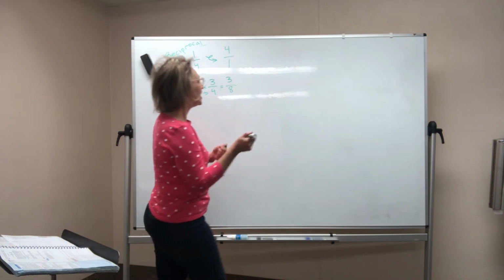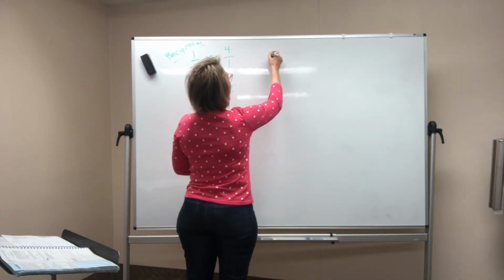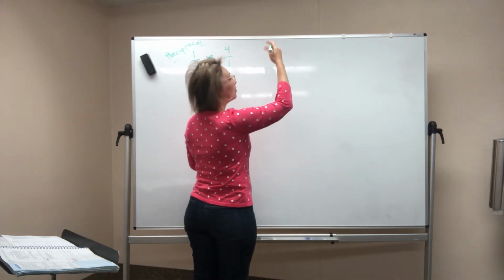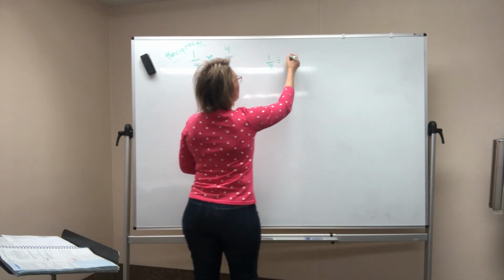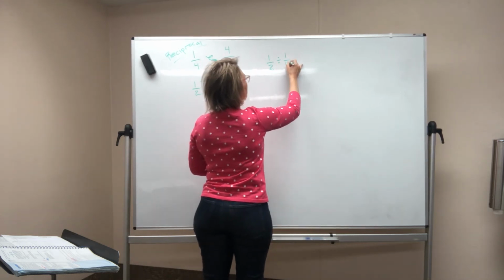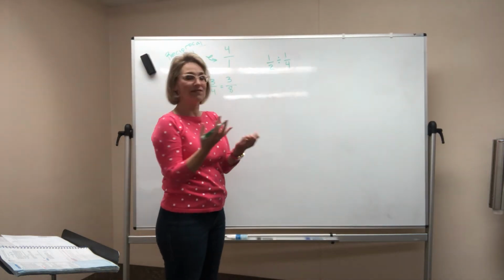Now, the reason why you need to remember that is because there is a nifty trick for dividing fractions. Okay, so let's say we have, I'm making one up, 1/2 divided by 1/4. And you think, how do I divide? I don't know how to divide. Here's the nifty trick.